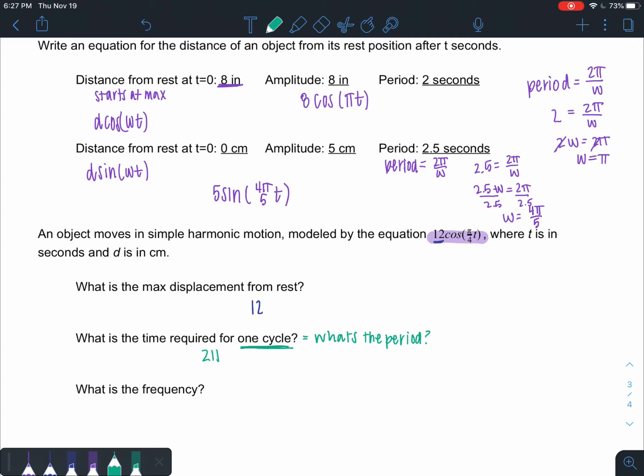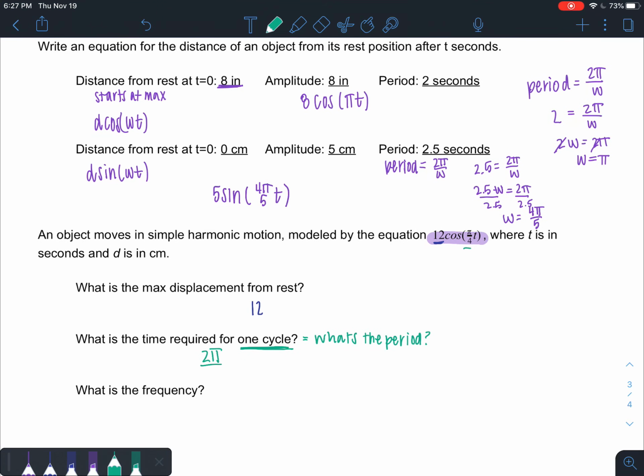So to find the period, we're going to take 2 pi divided by this value here, so pi over 4, just like we always have. That's nothing different than we've done in the past. So we have 2 pi times 4 over pi. Pi's cancel out, and we get 8. So 8 seconds.